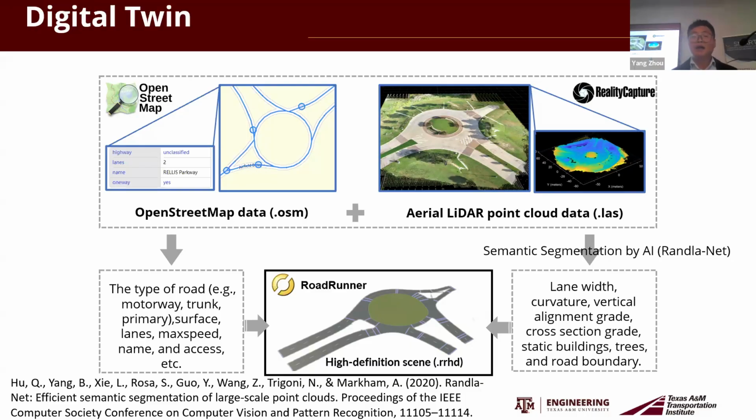And for the aerial LiDAR point cloud, we use a state-of-the-art method for semantic segmentation, RandLA-Net, to get the lane width, curvature, vertical alignment grade, and so on, and then we can readily convert it to RoadRunner that can be used for simulation purposes.